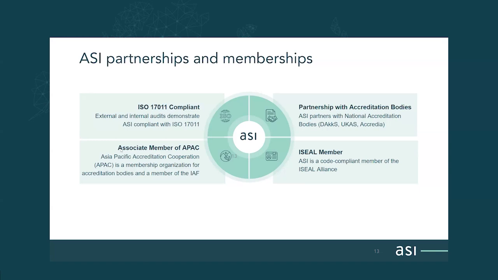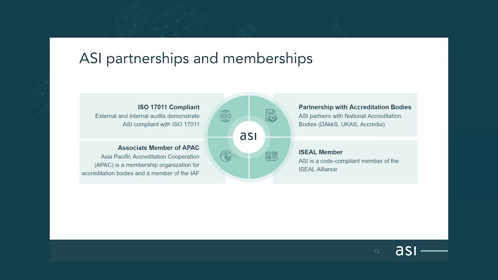We are, as I mentioned, an associate member of the IAF, of the Asia Pacific Accreditation Corporation. We are striving for full membership, which would give us additional recognition. We partner with national accreditation bodies, also leaning into their work and vice versa, learning from each other, sharing resources. And as I mentioned, we're an ISEAL member.